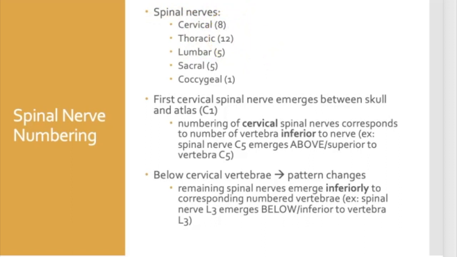That's because the first cervical spinal nerve comes off of the spinal cord between the skull and the first cervical vertebra. And then there's another spinal nerve that comes off below the first cervical vertebra. So there are 8 cervical spinal nerves, but only 7 cervical vertebrae.